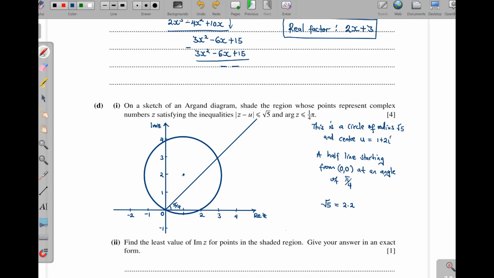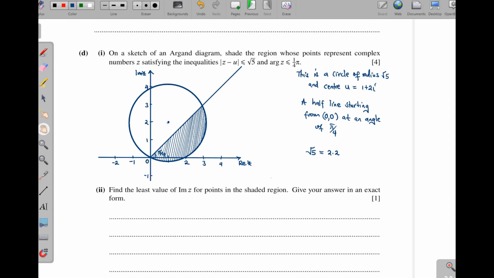So it has to be inside the circle, but then below the line. So even this part here, we shall consider it because here, a point that is here is making an angle that is a negative, which is still less than pi over 4. Okay, so we shall shade everything. Now, I'm going to shade this clearly. So we shade something like that.